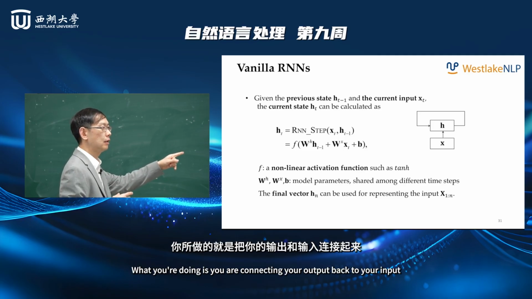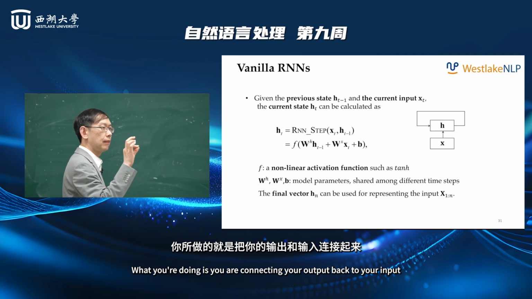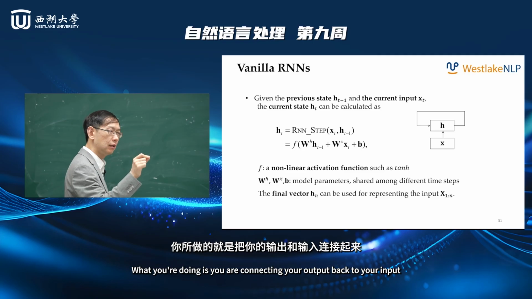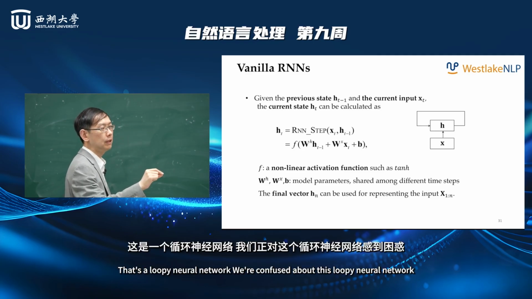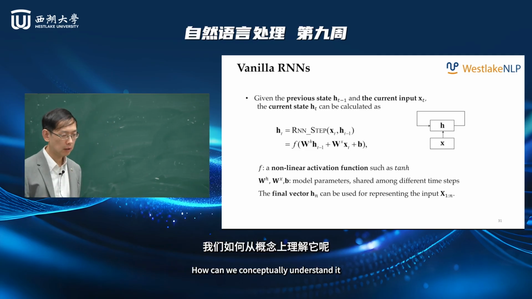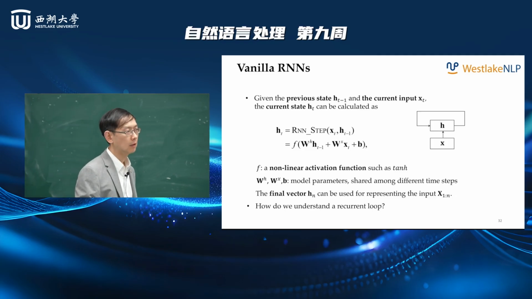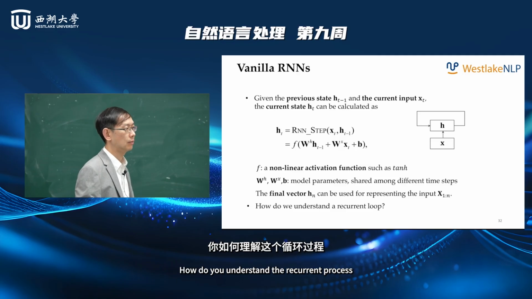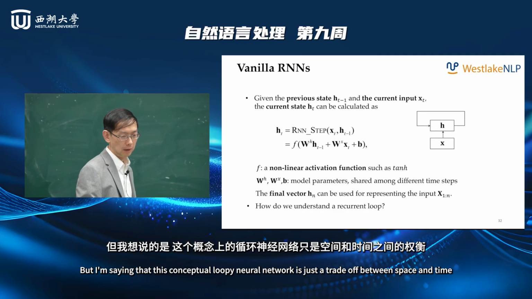What you're doing is connecting your output back to your input. That's a loopy neural network. We're confused about this loopy neural network, okay? So how can we conceptually understand it? How do we understand the recurrent process, okay?